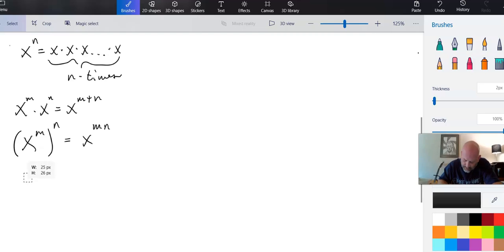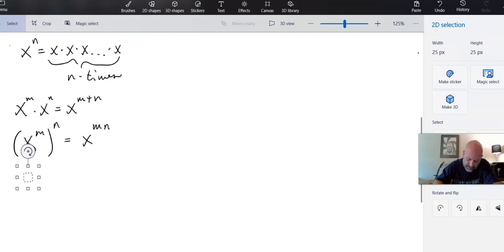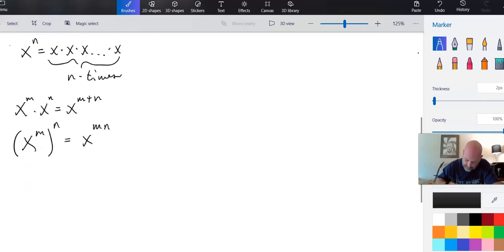So the next one I want is going to be x times y to the nth power. Now, if I'm looking at this thing, let's just change n to a number so we can see it.